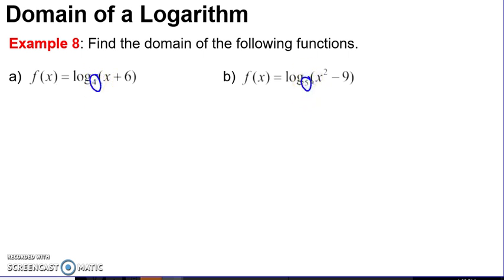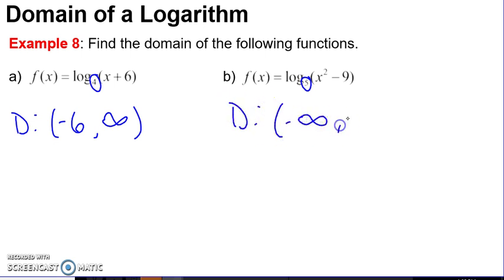When you graph it, see if you get the domain being from -6 to infinity. For B, I want you to check that as well. You should have 2 different domains. Your domain should go from -infinity to -3, union 3 to infinity. So use your graphing calculator to check these and verify that you get these domains from your graph.